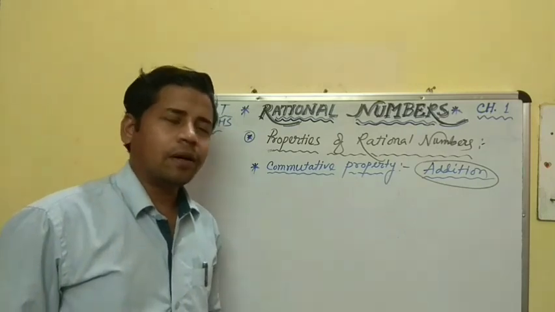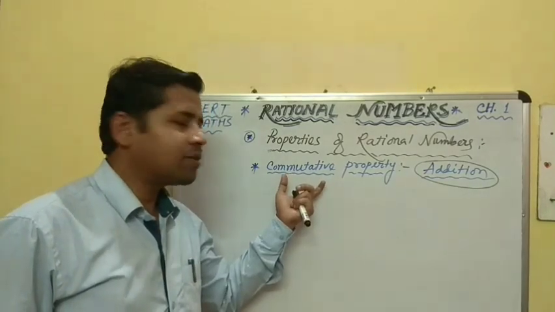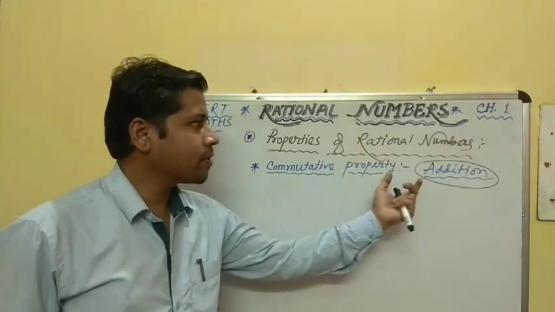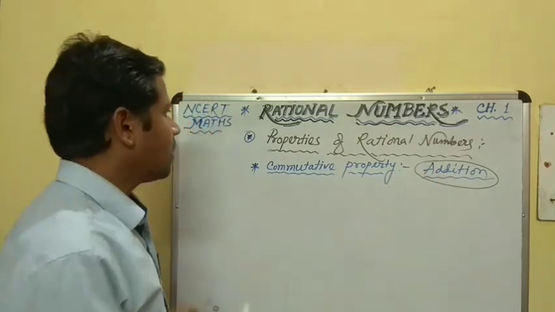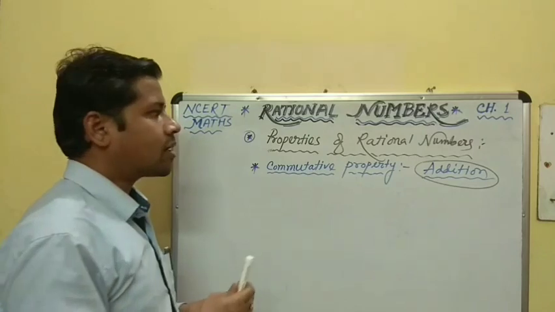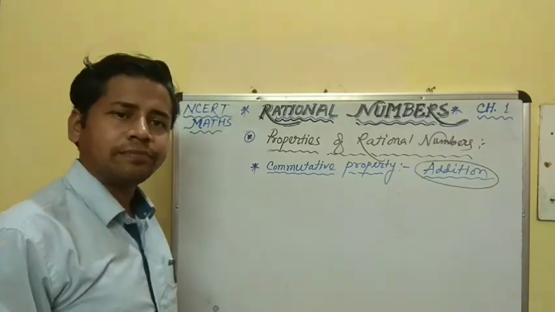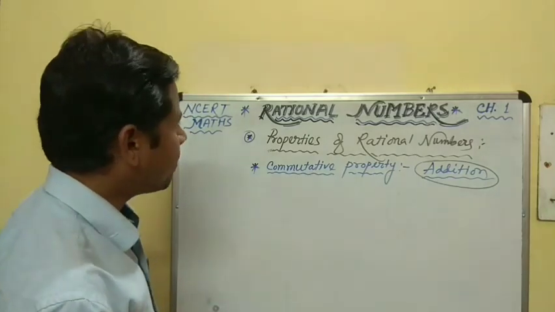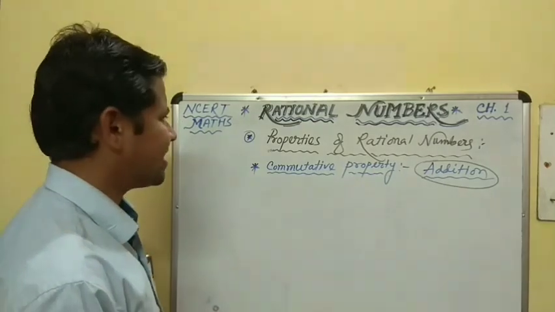Now we are going to discuss the commutative property under addition. Are rational numbers commutative or not under addition? Let's start.